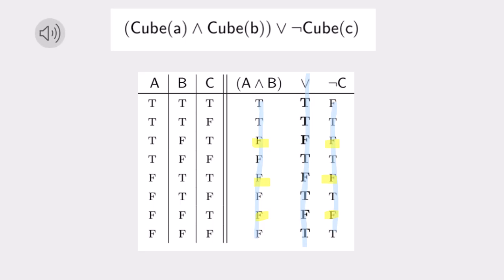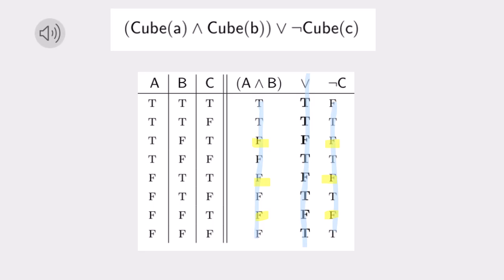Now, the easiest way to fill out a disjunction like this is to first recall that the only way a disjunction can be false is if both disjuncts are false. So typically, when I fill out a table for something like a disjunction, I'll go through and highlight all of the rows where those two disjuncts are false.